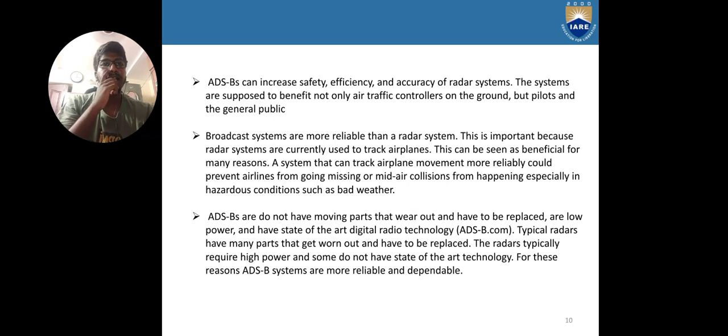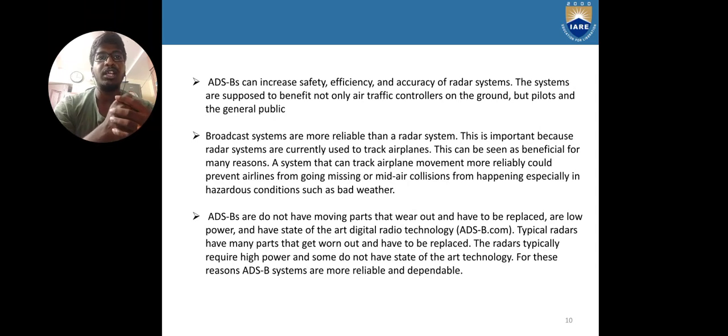ADS-B can increase the safety, efficiency and accuracy of radar systems. The systems are supposed to benefit not only air traffic controllers on the ground but also pilots and the general public. Broadcast systems are more reliable than radar systems. This is important because radar systems are currently used to track airplanes. This can be seen as beneficial for many reasons.